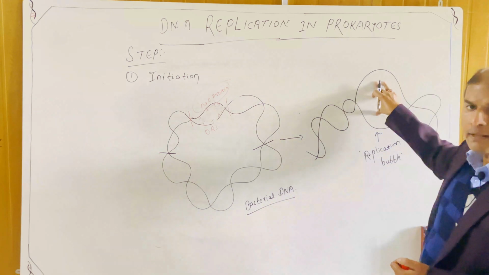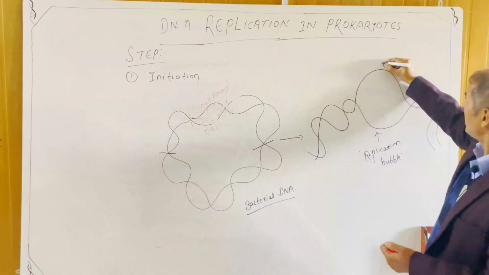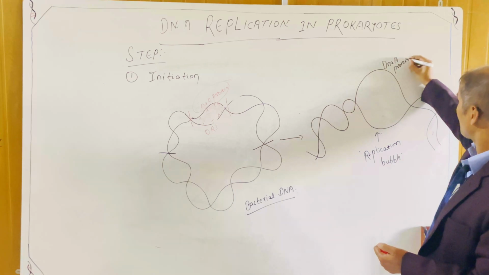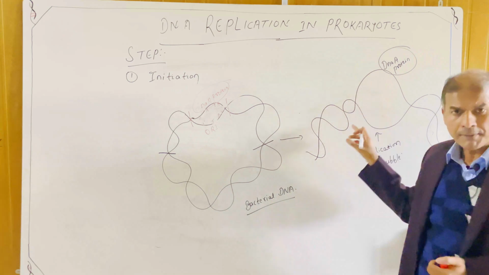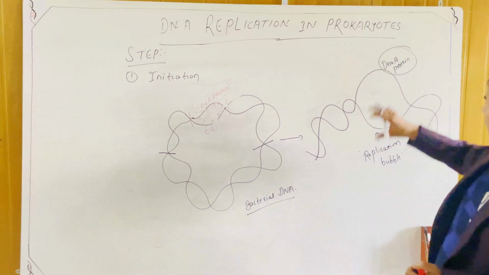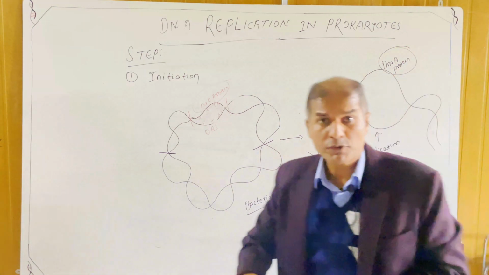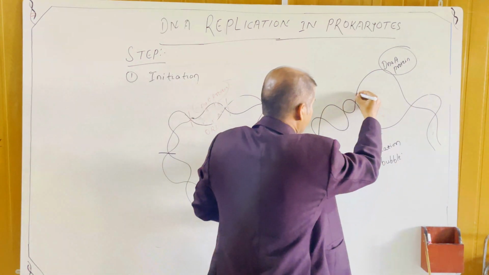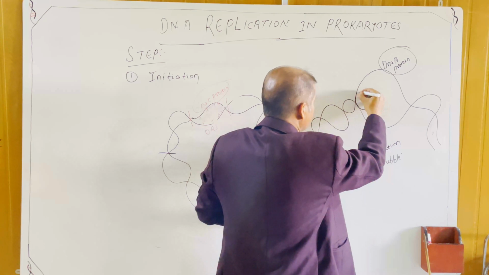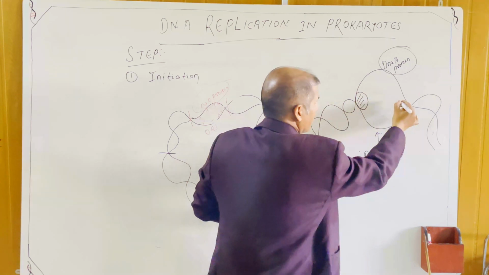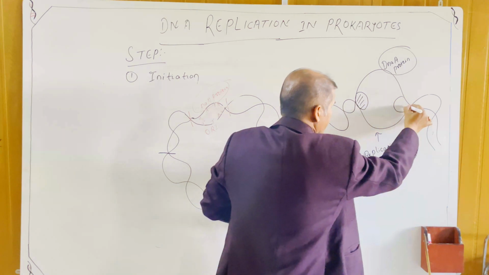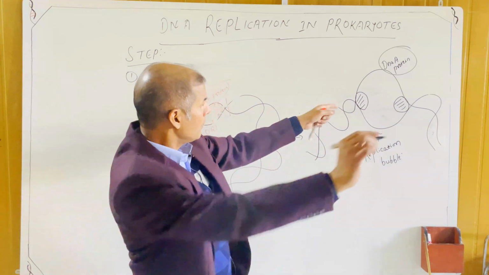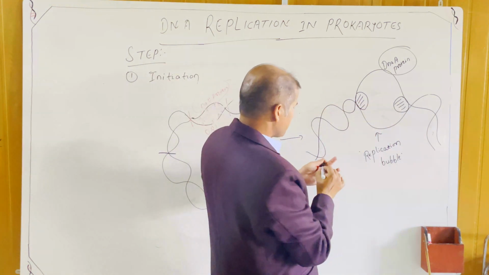This bubble still contains DnaA protein, which has caused the breakdown of hydrogen bonds between A and T. Once DnaA protein forms the bubble, now helicase enzyme comes and binds at both corners of the replication bubble. So these are the helicase enzymes.